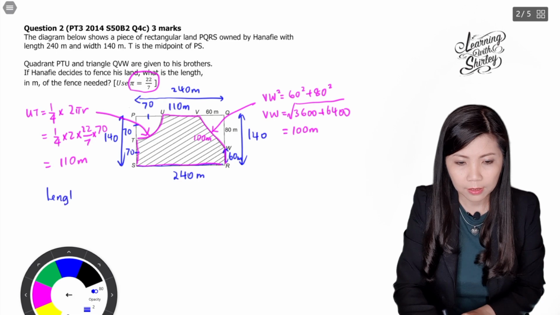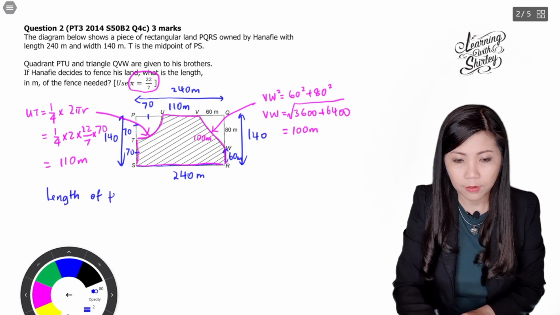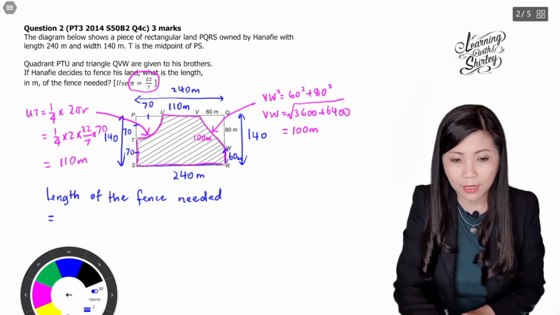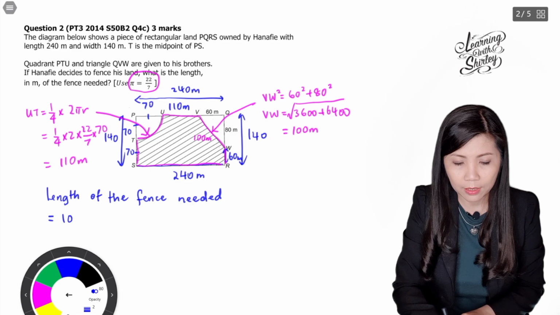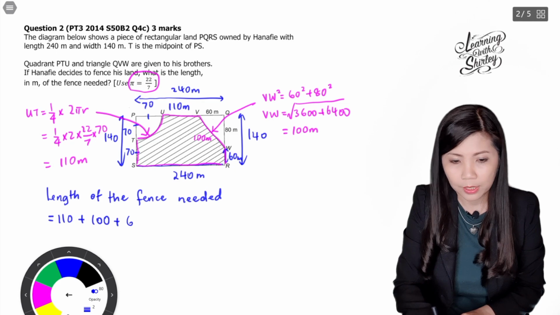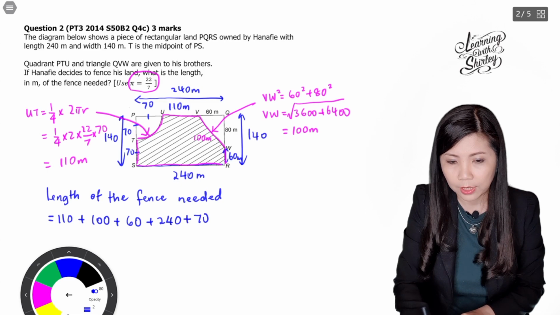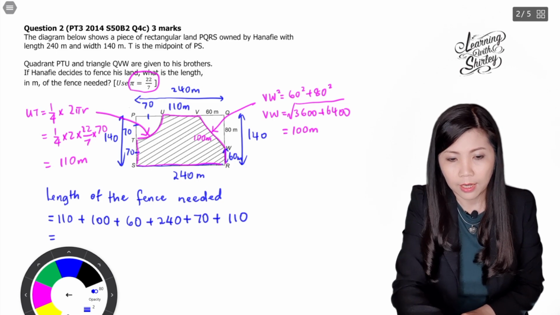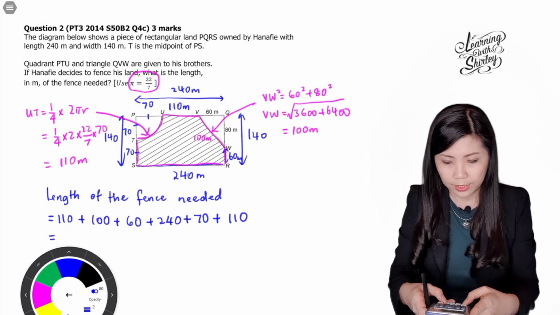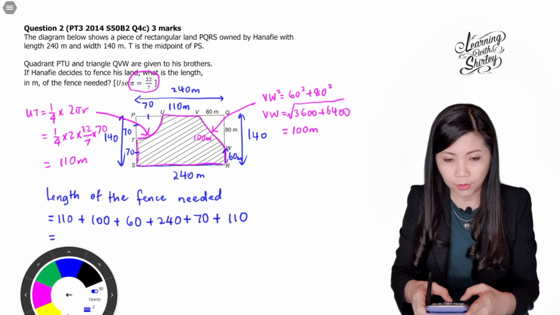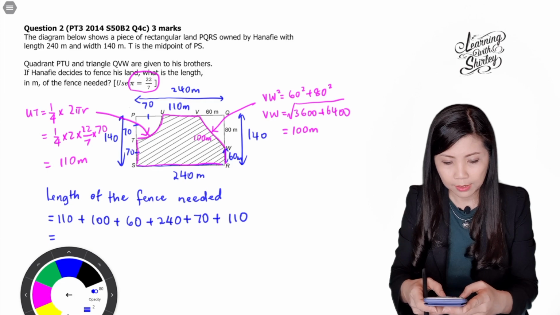Length of the fence needed is equal to 110 plus 100 plus 60 plus 240 plus 70, and lastly plus 110.